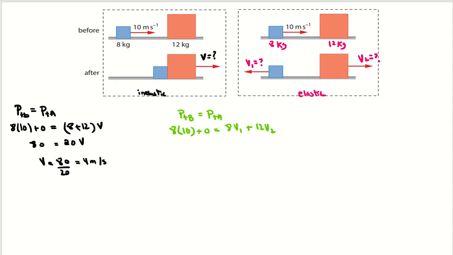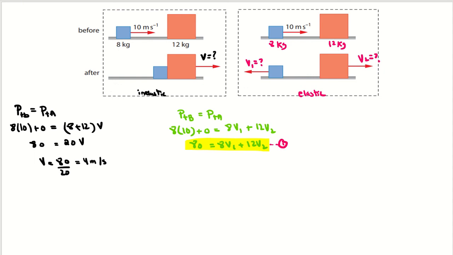Usually they don't give you the direction of motion, so that's why I'm not putting the negative here. So this is 80 equal to 8V1 plus 12V2, and I can't go further with this, so I'm going to put it aside. Of course, you can divide by 4, for example, but I'm going to keep it like this, and I'm going to call this equation 1.